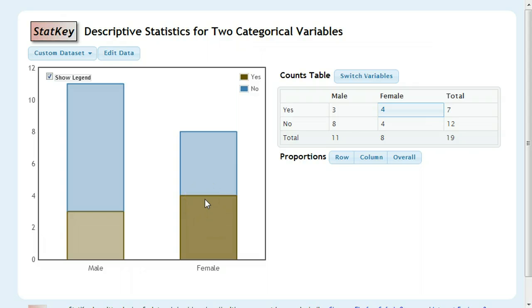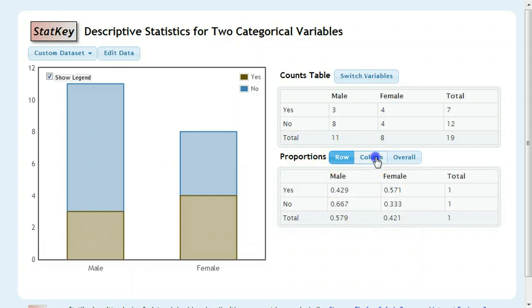For a more detailed breakdown, I can look at the rows and the columns here. So, for example, if I started with the row, what the row is telling me is that if I break down by male and female, my overall percentage is almost 58% male and 42% female, to add up to 100%. However, of my people that say yes, I have a car, only 43% of them are male, which is a lot less than the 58 that we started with.